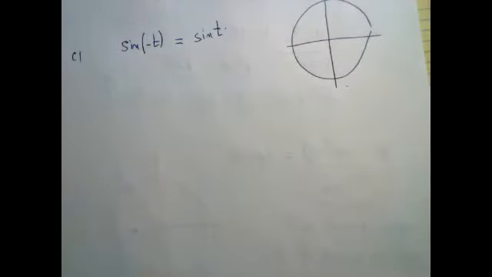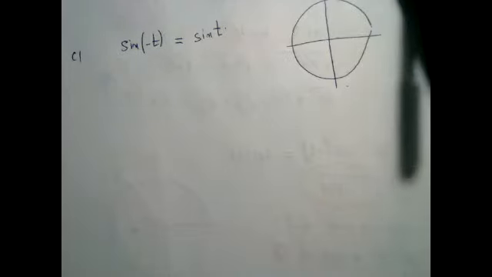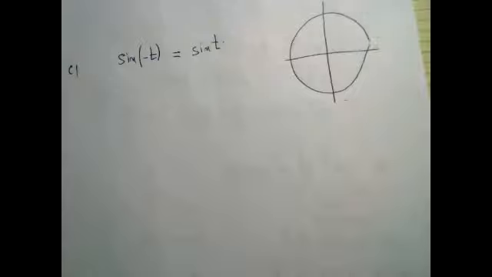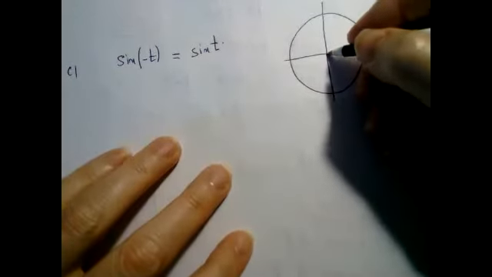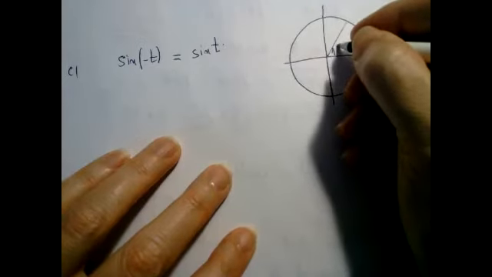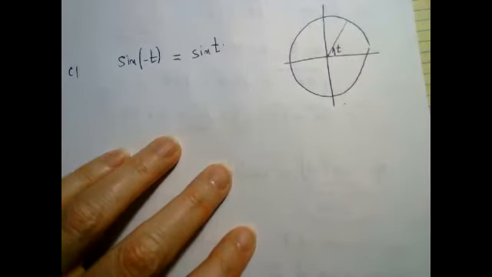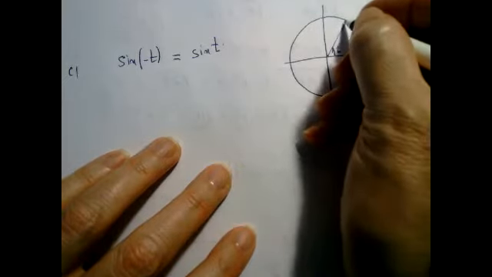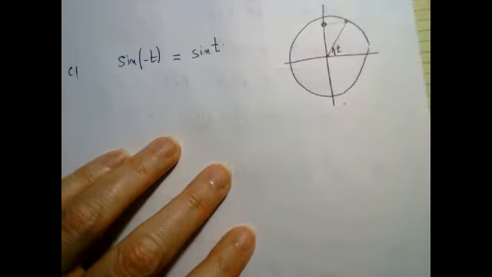Remember the definition of sine. Suppose this is my angle t, let's say pi over 3, for example. What's the sine? That's the sine of t. Okay, take t pi over 3.